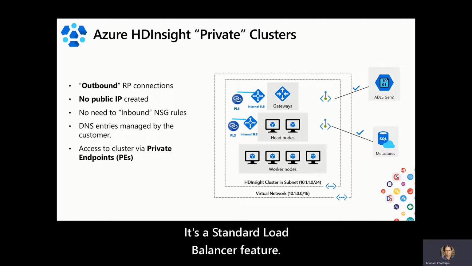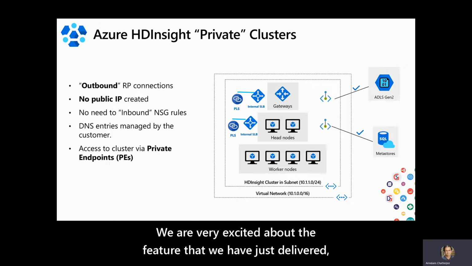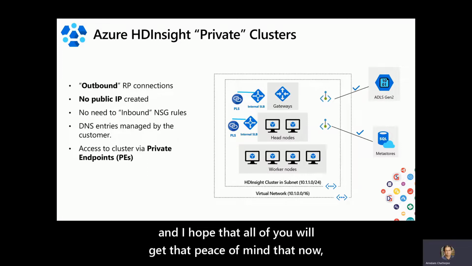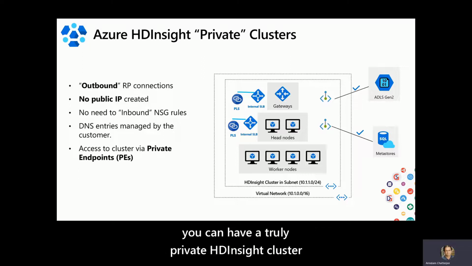It's a standard load balancer feature. We will enable that for you, and you will then be able to access the HDInsight cluster through private endpoints. So we are very excited about this feature that we have just delivered, and I hope that all of you will get that peace of mind that you can now have a truly private HDInsight cluster once you migrate it from your on-premises to the cloud.